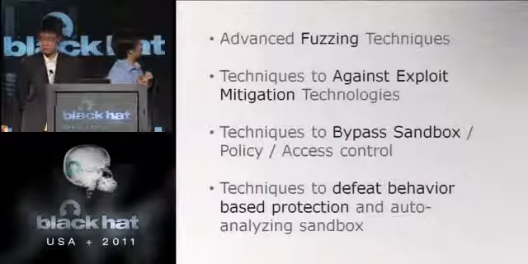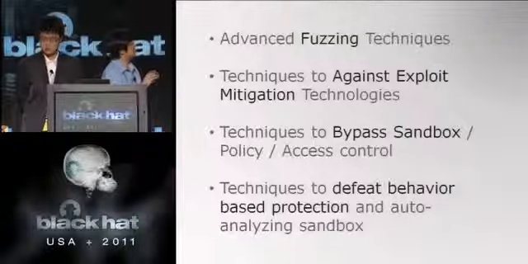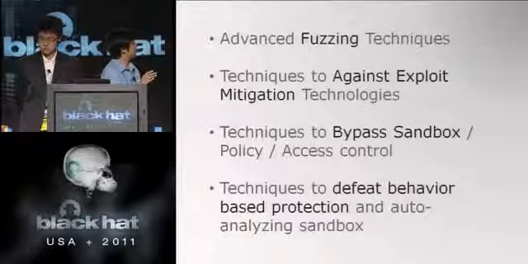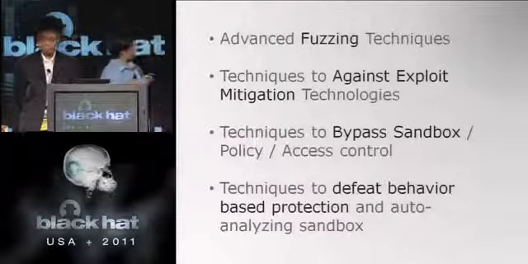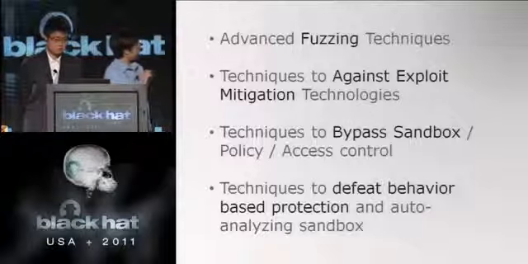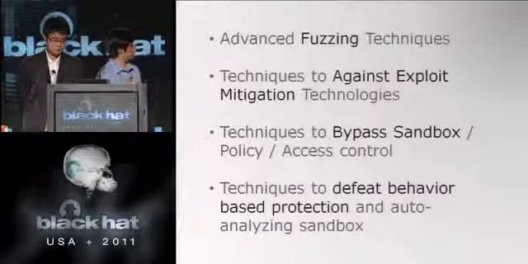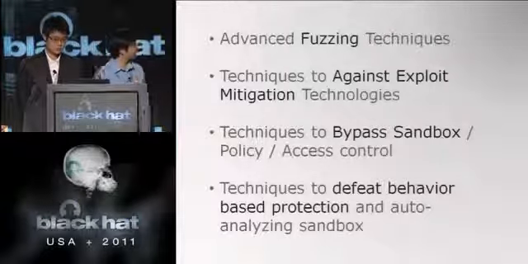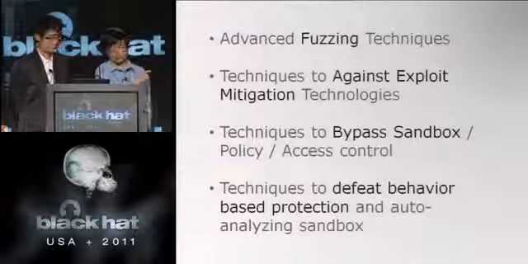And the third, hackers will also focus on techniques to bypass sandbox and also policy and access control. And the fourth, techniques to defeat behavior-based protection and auto-analyzing sandbox. I will explain this later, why hackers need to do research on this now.